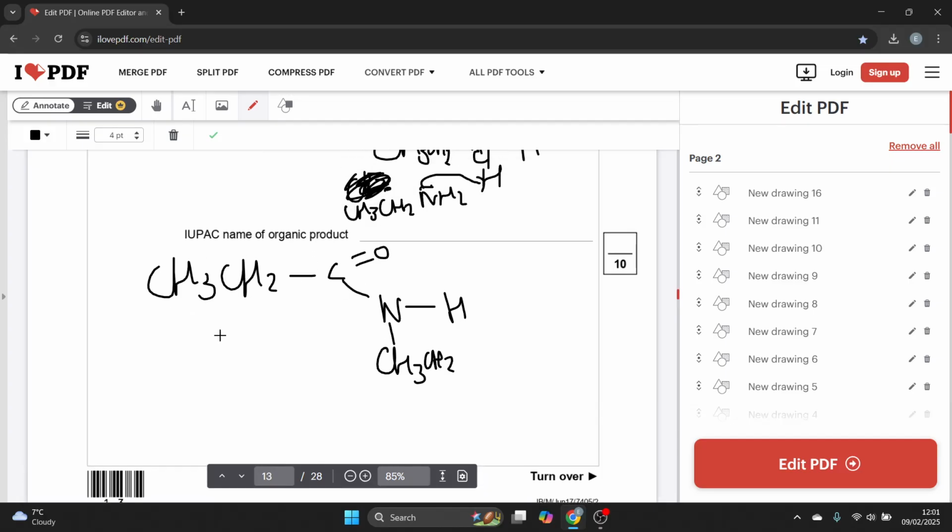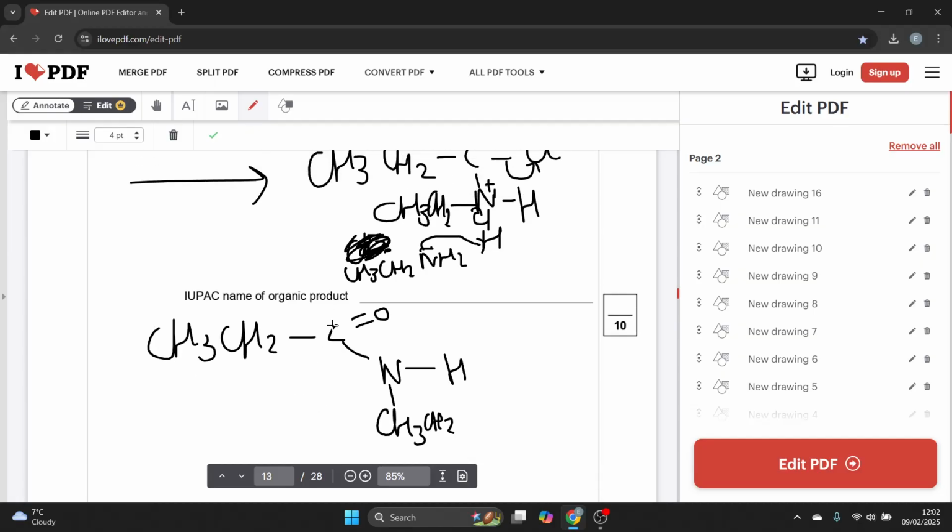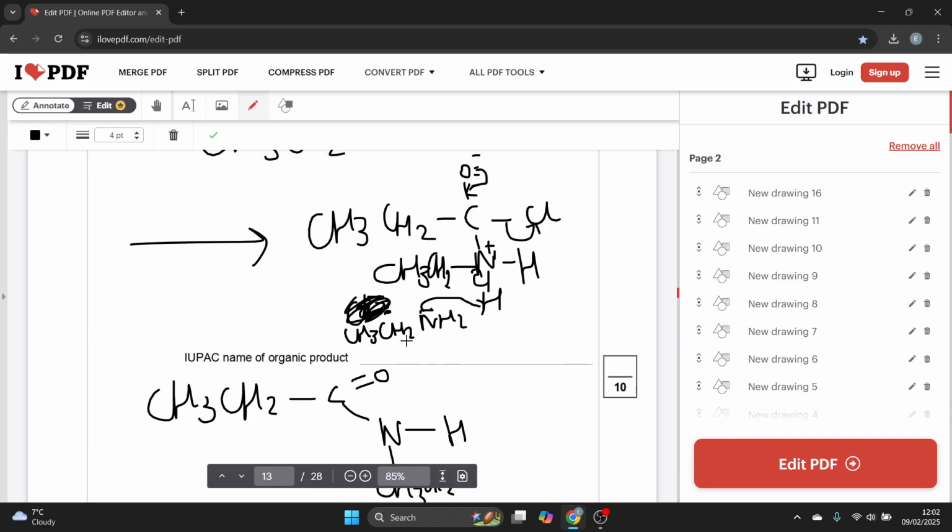The naming of it, but this is obviously going to be... well, there's an ethyl group, and I've also got methane and propane, but obviously that's naming, so it's going to be N-ethyl propanamide.